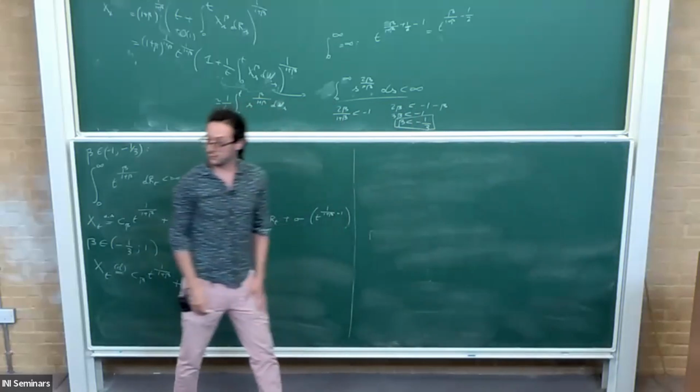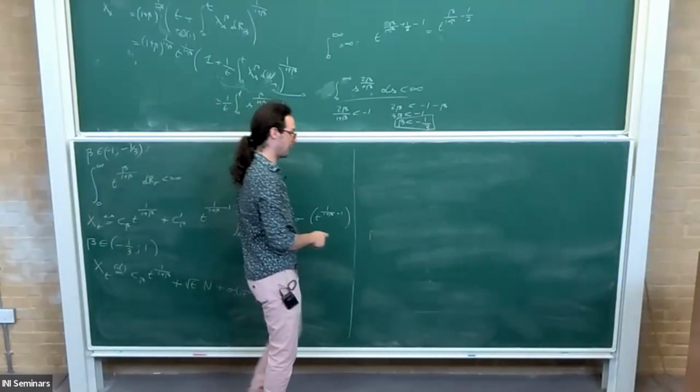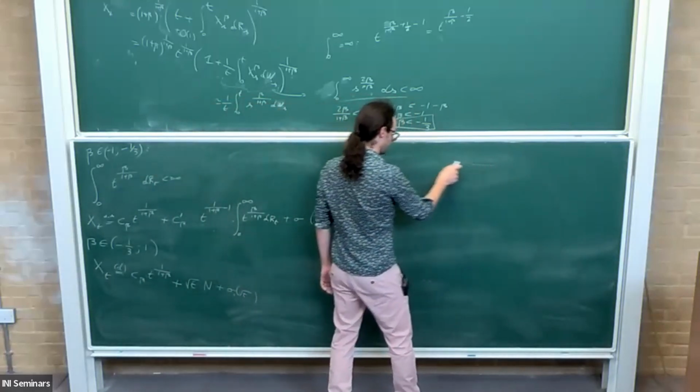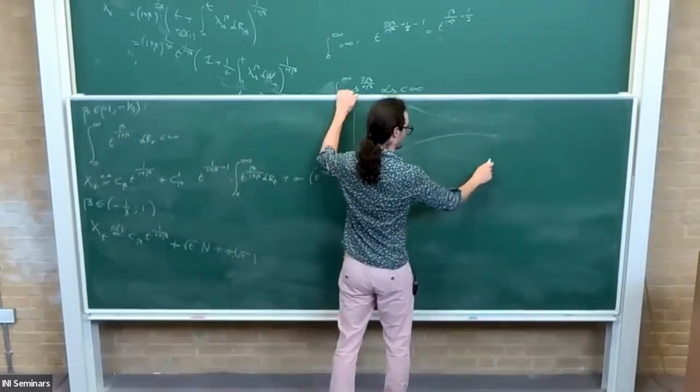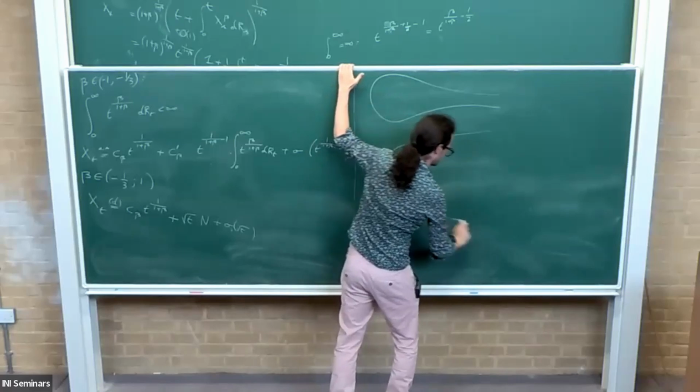The model is the following. We have a domain which may look either like this or like this.